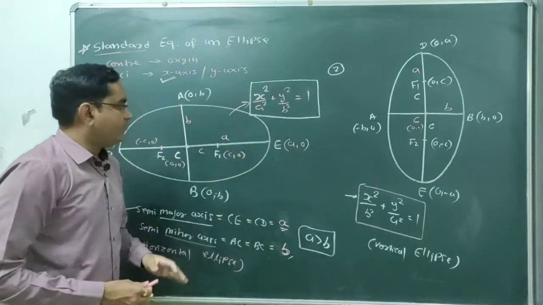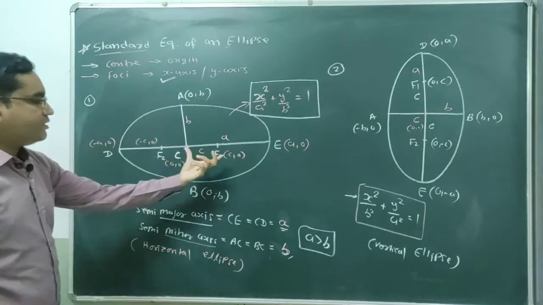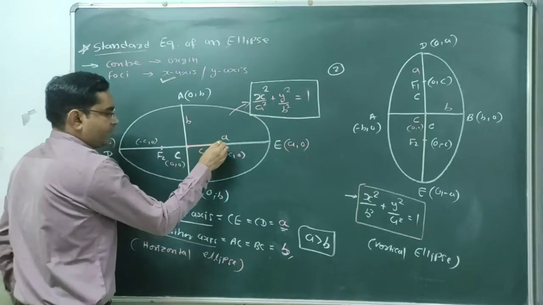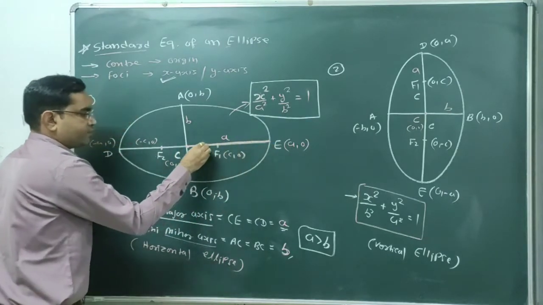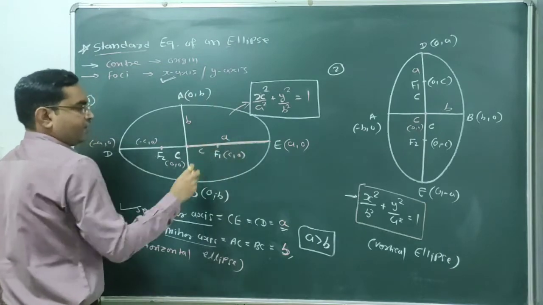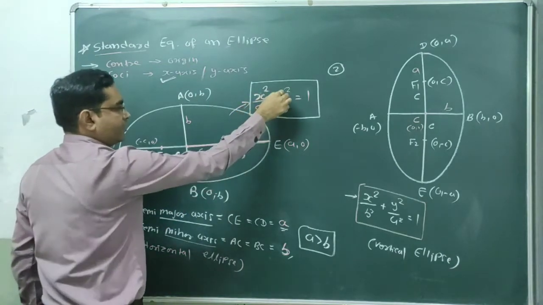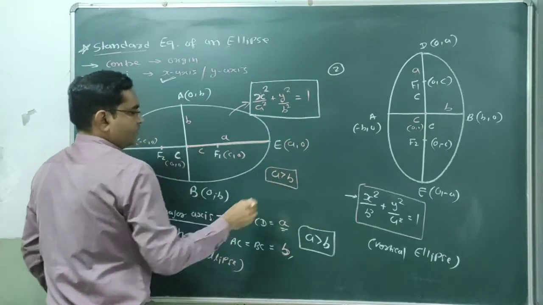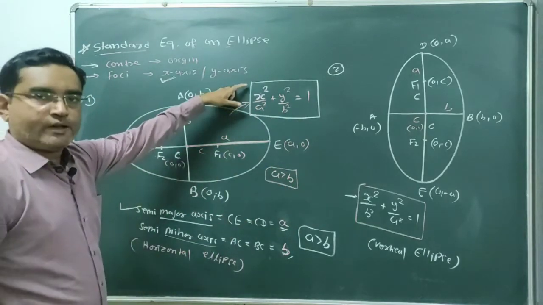For this type of equation, we can say it's the equation of vertical ellipse. For this case, major axis is along with the x-axis. Suppose this is the length of semi-major axis, and this is along with the x-axis, whose length is a. So this a square term will come with the x square term. It's x square by a square plus y square by b square equal to 1, where a is always greater than b. That means what do you have to see?